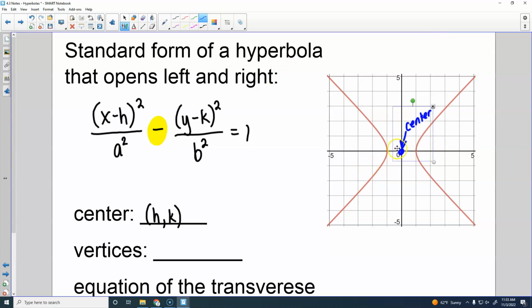Then your vertices are going to be to the left and right, so you have to change the x coordinates. It would be h plus or minus a, and then the k would stay the same. So we're talking about this point right here and this point right here. This distance right here is your a, the distance from the center to the vertex.